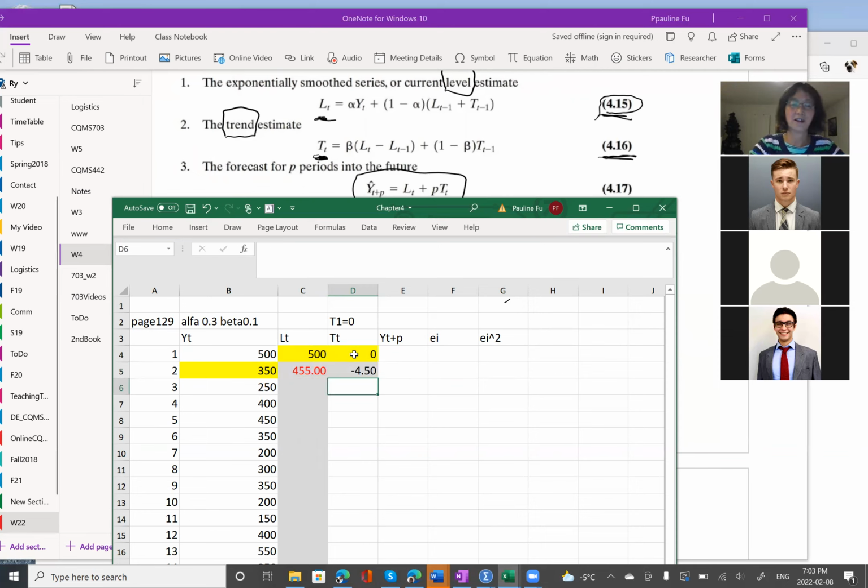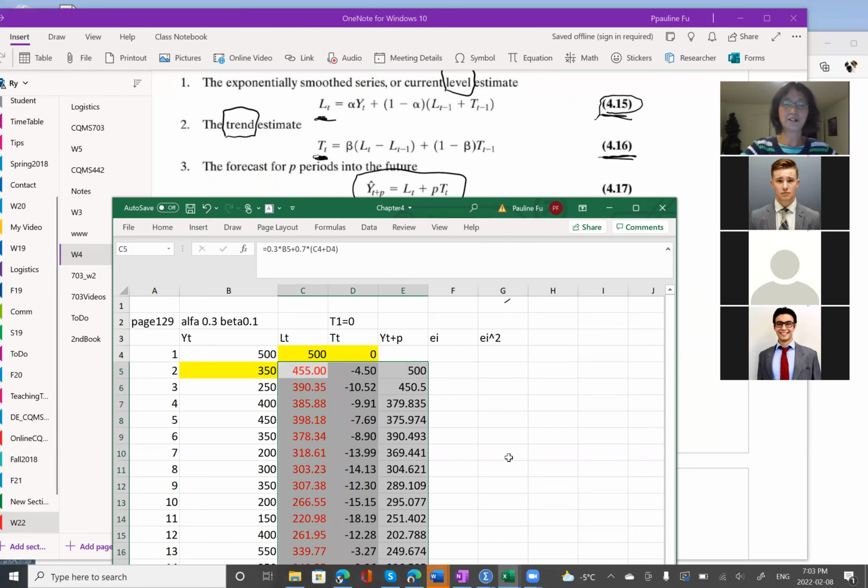All right, once you get this number, for the forecast, use the numbers one line above, added together, L plus T. Once you have these three numbers, double click and you get all the numbers.